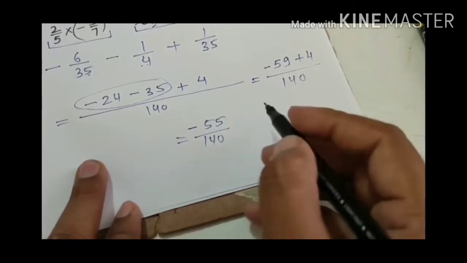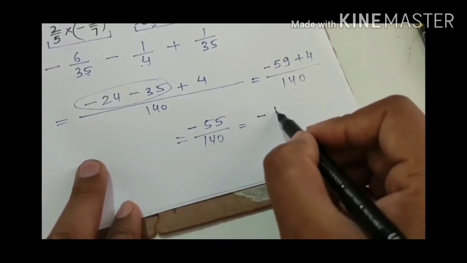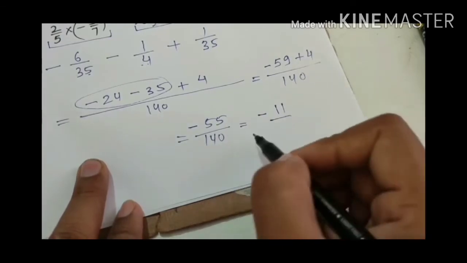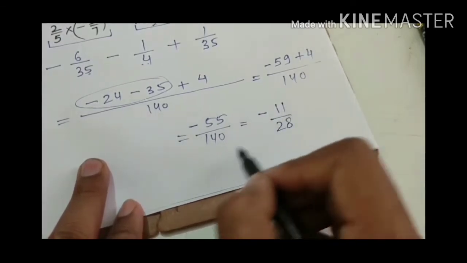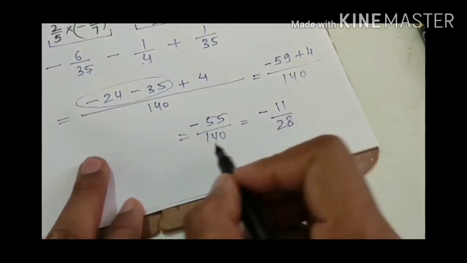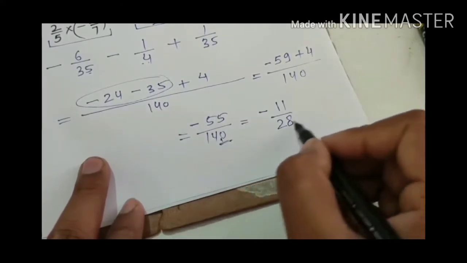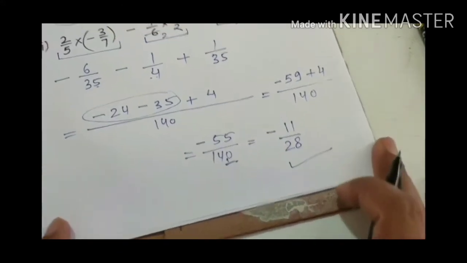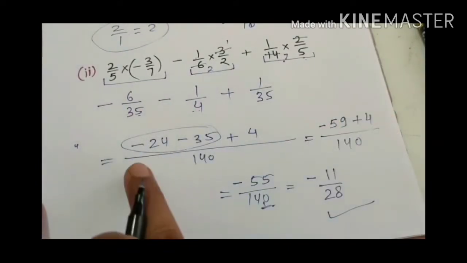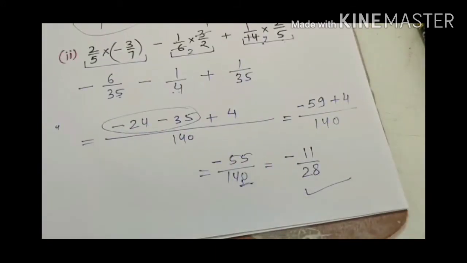Now if it is going to divide, just try it. 11, 5, 28, done. First multiply, then LCM, then simplification.